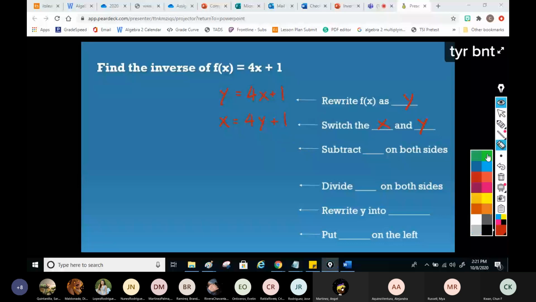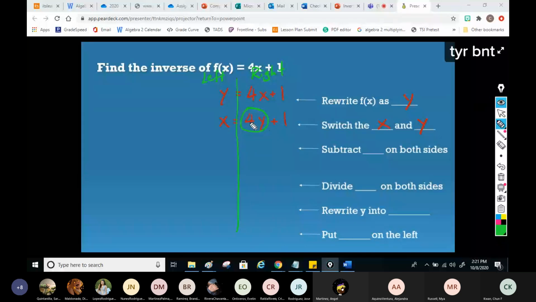So let's see which one we're going to do first. So remember at the beginning, I told you guys you have to split the equation into the left half and then the right half. So looking at the right half, you have two terms. A term is the letter with the number.